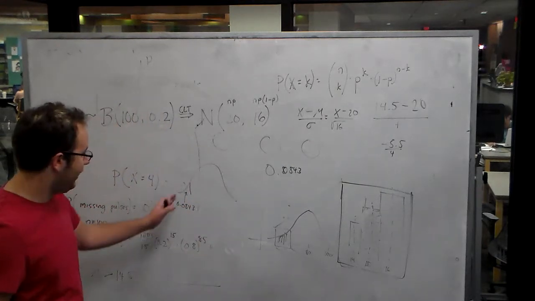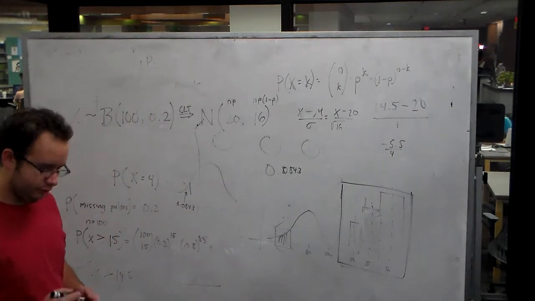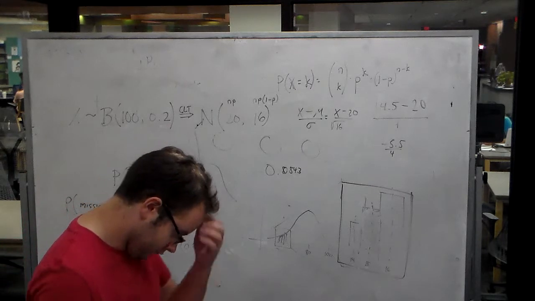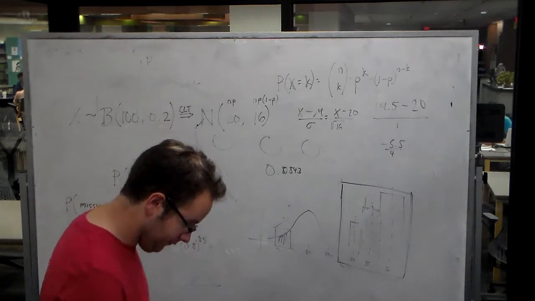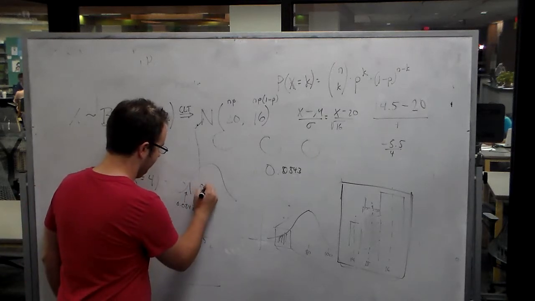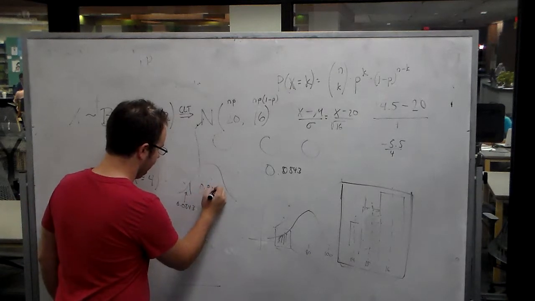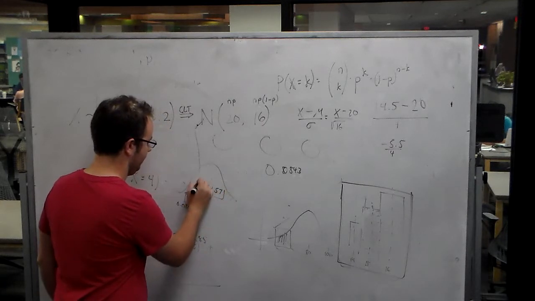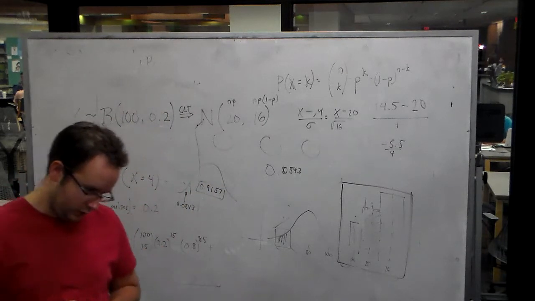What's the probability that 15 or more have missing pulses? So that would be 0.9157. And that's the answer. I hope. Yep.